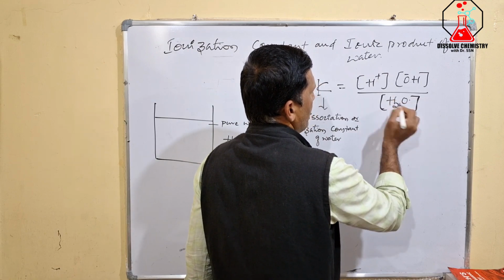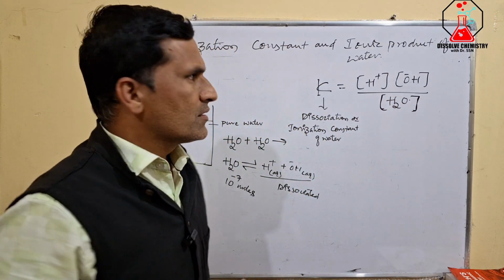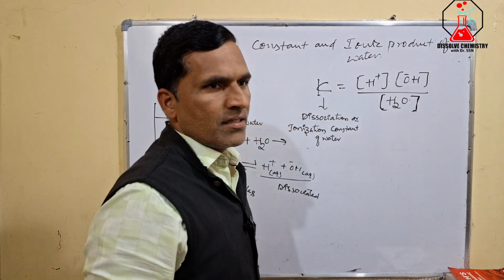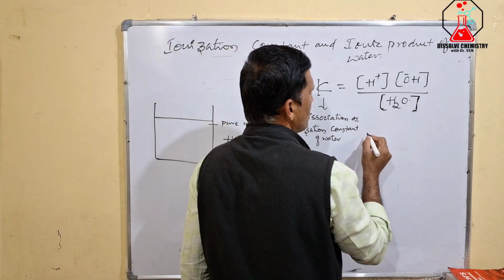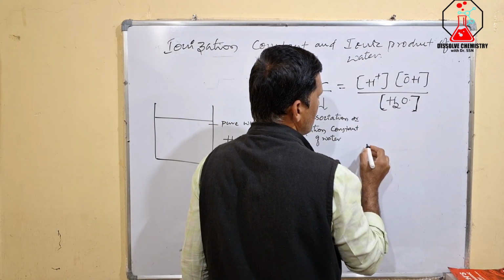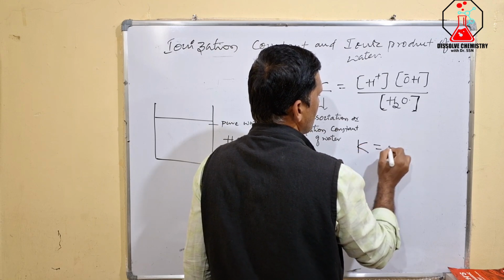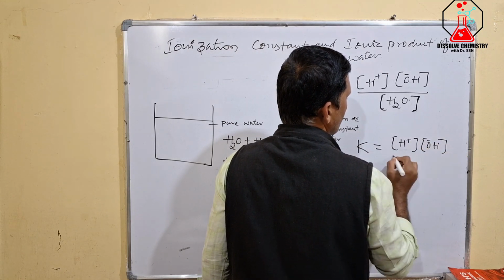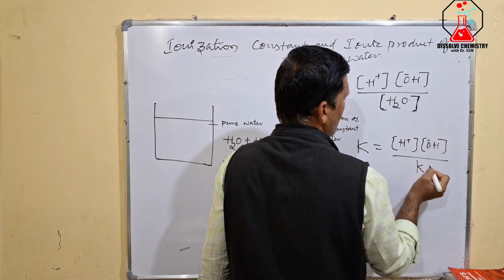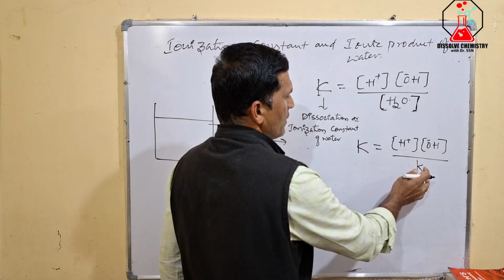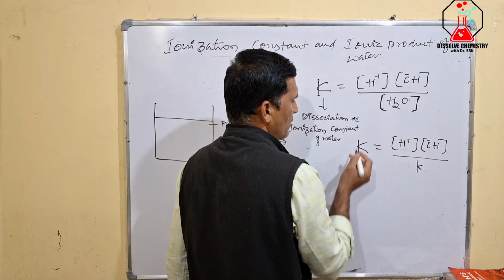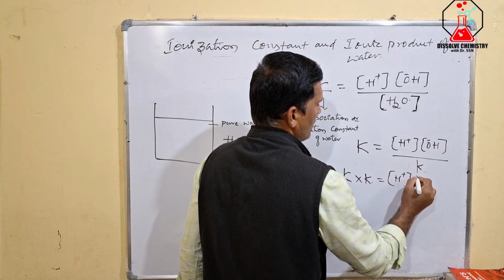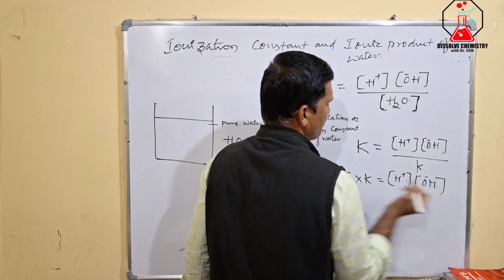Okay, ionization constant of water. And the water in the denominator, as it is existing in the pure form, and apart from that, most of the water remains unionized, so therefore we will take this as constant. Its concentration is taken as constant. So therefore, capital K is equal to H plus OH minus, and the concentration of the water is taken as another constant, small k, and if you take this to the right or left side, this is equal to H plus into OH minus.